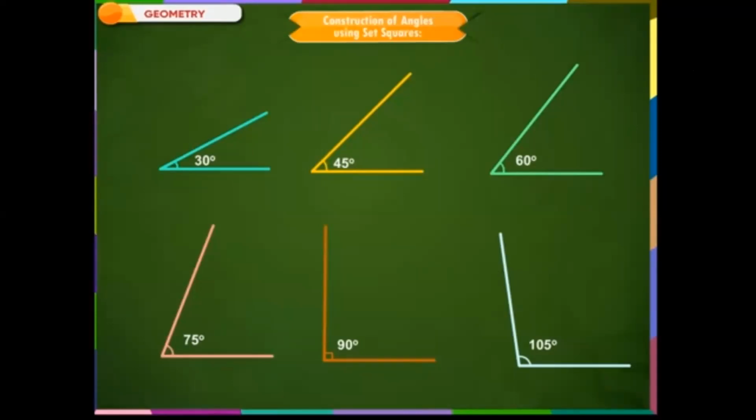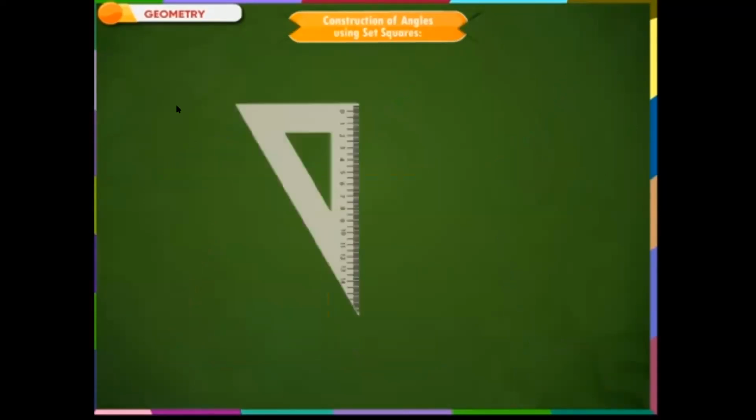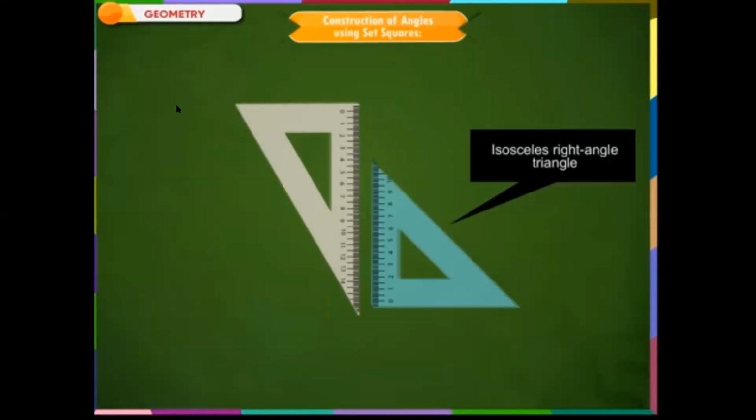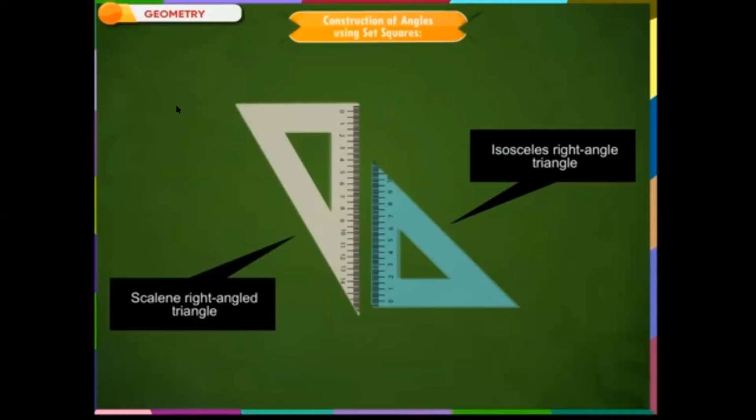Can be drawn using the pair of set squares. A set square is a geometrical instrument triangular in shape and made of plastic. There are two types of set squares. One is in the shape of an isosceles right-angled triangle. The other one is in the shape of a scalene right-angled triangle.